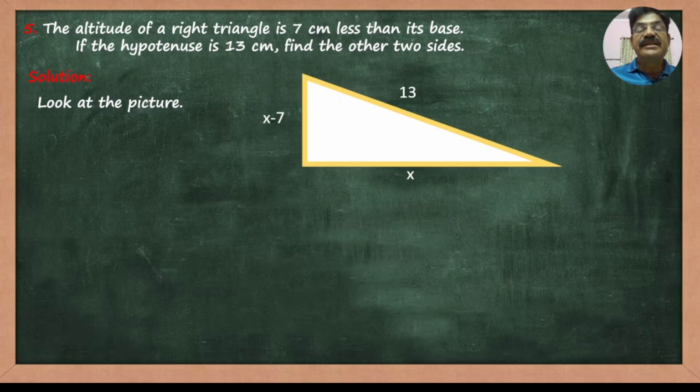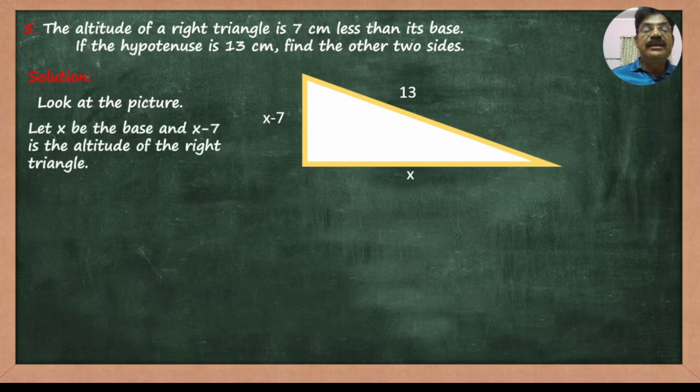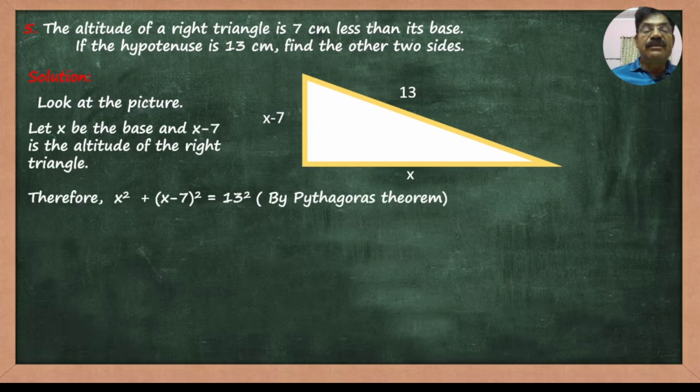So base is x centimeter, altitude is x minus 7 centimeter. Given hypotenuse is 13 centimeter. So for this diagram, I am going to apply Pythagoras theorem. So by Pythagoras theorem, x square plus (x minus 7) whole square is equal to 13 square.